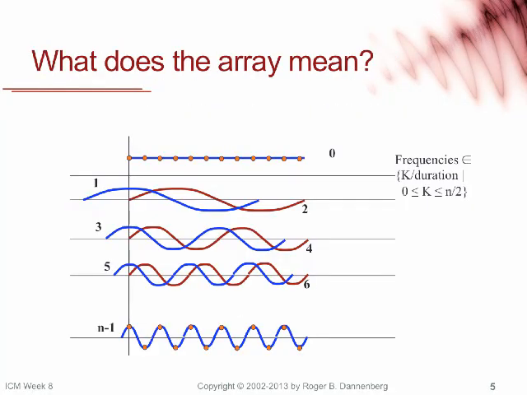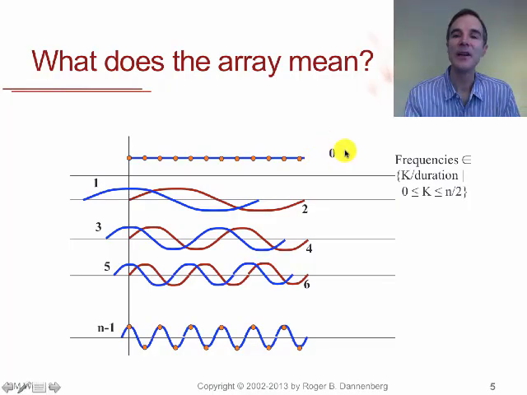To visualize this in a different way, here we're representing the basis functions, or these cosine and sine functions, that are multiplied by the signal. And the numbers here are the index in the array. So the 0 element of the array is formed by taking cosine of 0, which is always 1.